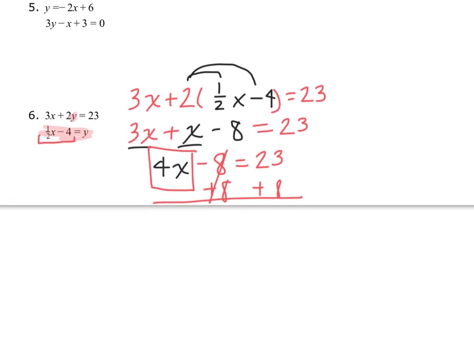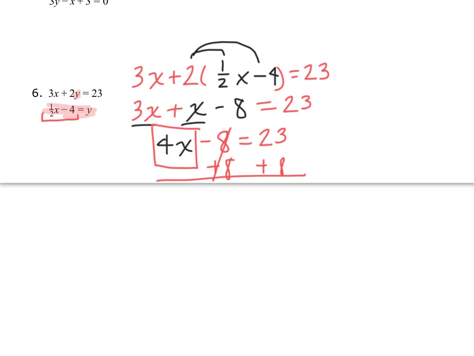Scoot this all up because I seem to be running out of room. So now I have 4x is equal to 31. And then I can divide both sides by 4 to solve for x.